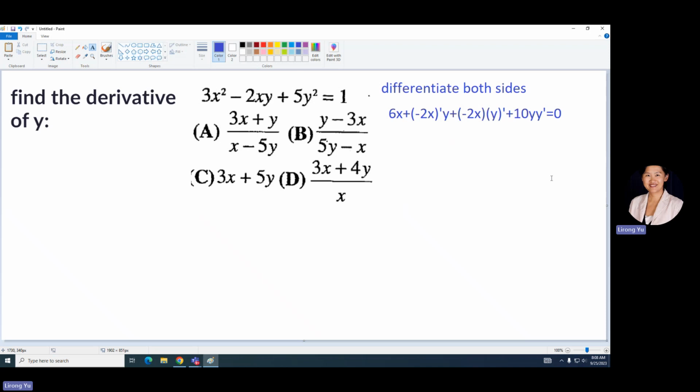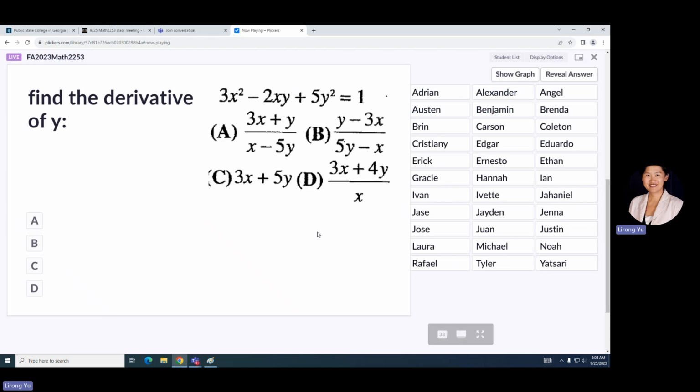And then once we get that part, we would try to figure out a way to simplify and then have an actual formula for the y prime. Let's see if you already have your answer.